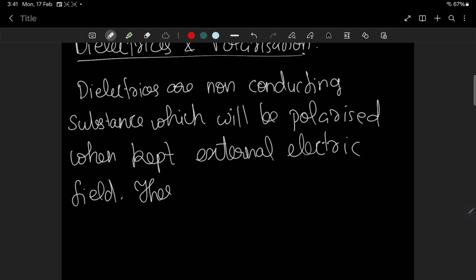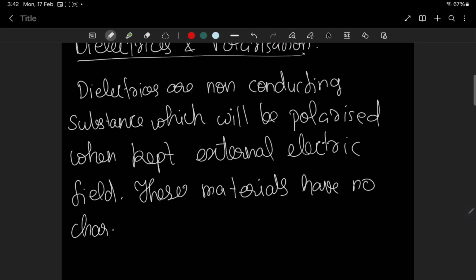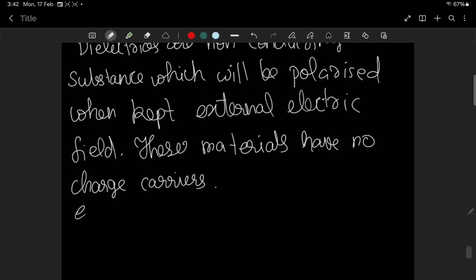These materials have no charge carriers, like free electrons. Examples: mica, dry hair, etc. So dielectrics are substances which are non-conducting.